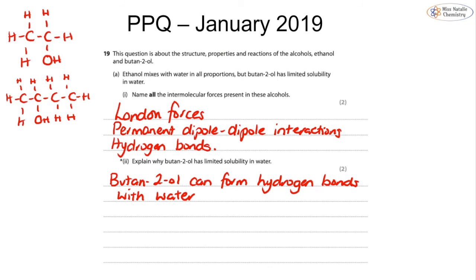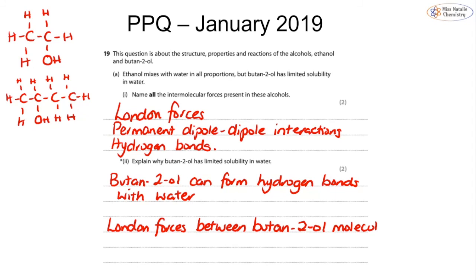However, when we have something like butanol, the London forces between butanol molecules are quite strong. Okay, so they start to become a bit more predominant at this point, and they're actually stronger than ethanol.